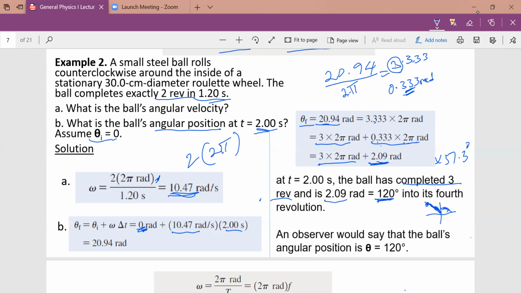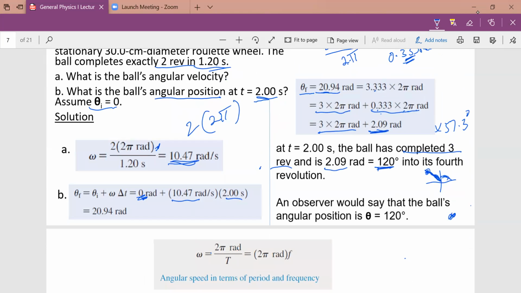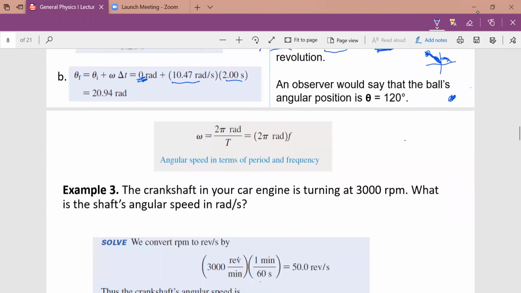So an observer will simply say the position of the object is at 120 degrees. You take note of this because that's one of the exercises we do in the class. All right.